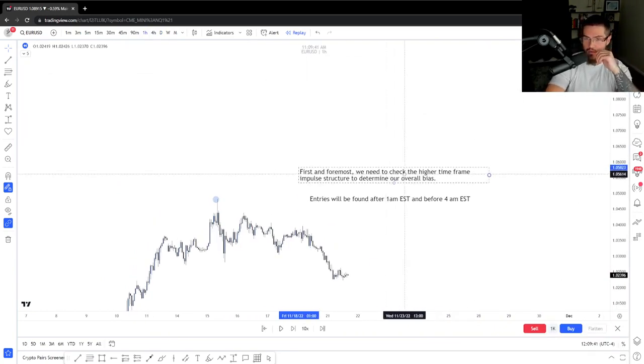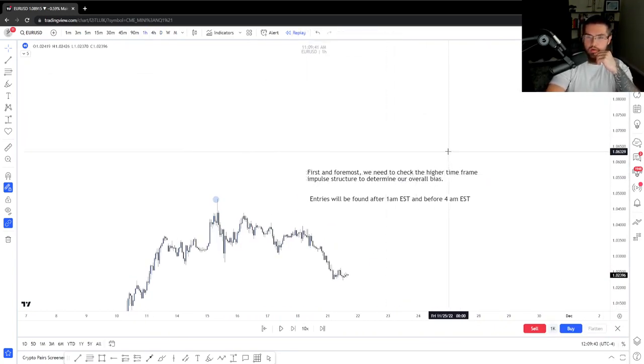You want to make sure that you are paying attention to DXY. Another thing you can look for is breaks in correlation, aka SMT divergence. SMT divergence is not really required, but it is an added confluence.